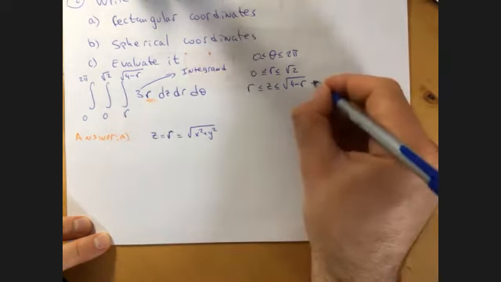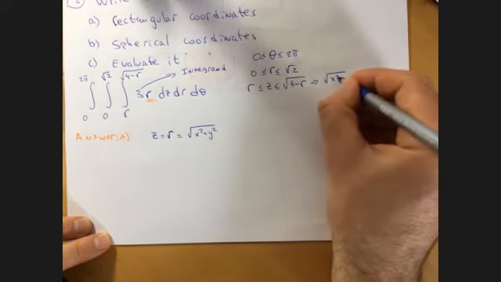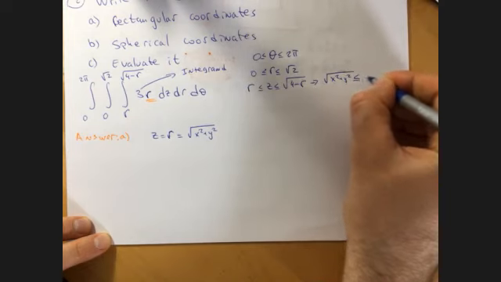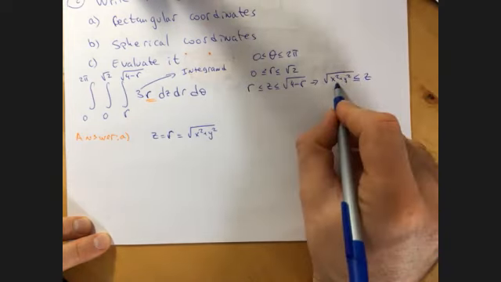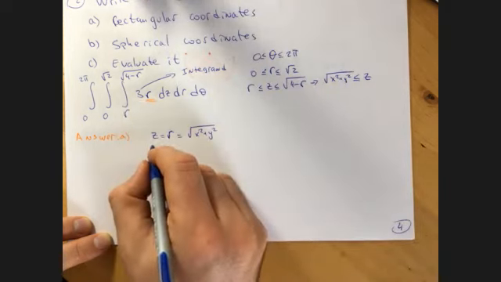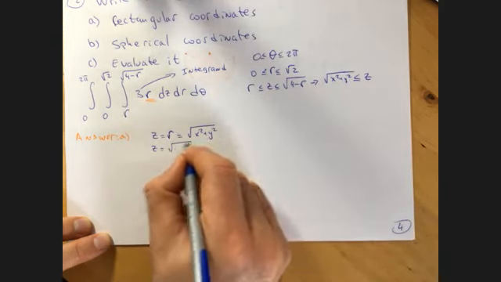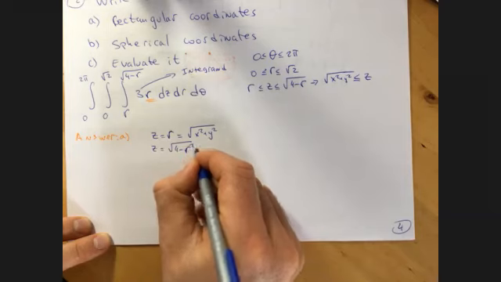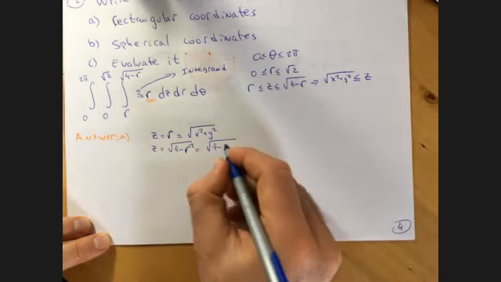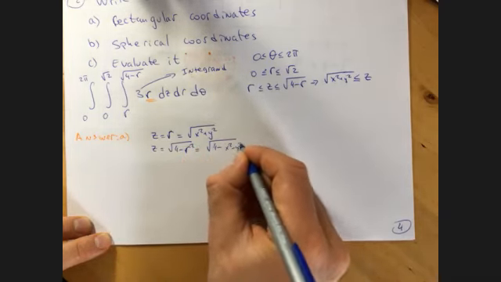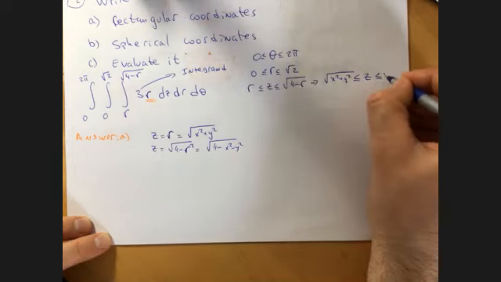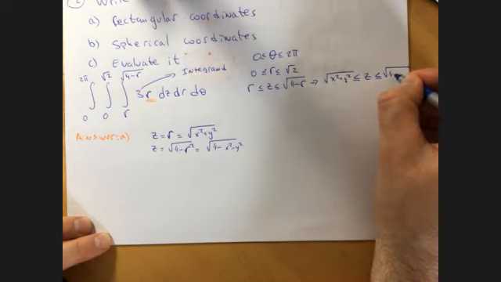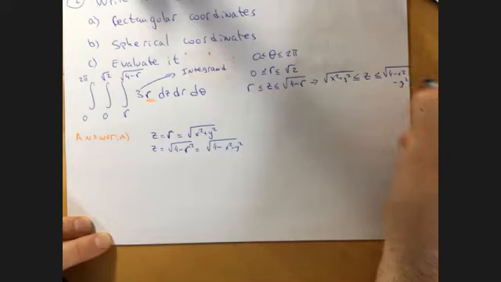So I get from here that the square root of x squared plus y squared is the lower bound of z. And then z equal to the square root of 4 minus r squared is nothing else but the square root of 4 minus x squared minus y squared.